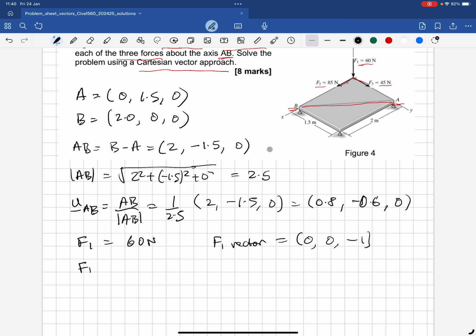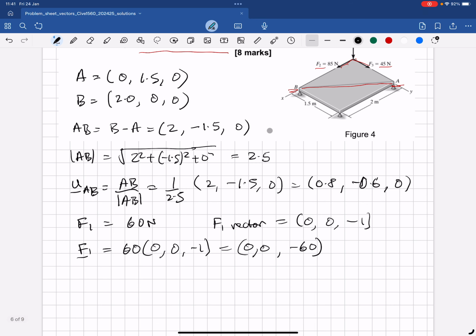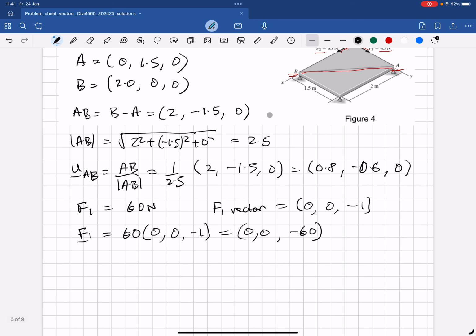So F1 as a vector is equal to 60 times 0, 0, minus 1, which equals 0, 0, minus 60. Okay. The moment of this vector about AB is what we're being asked.